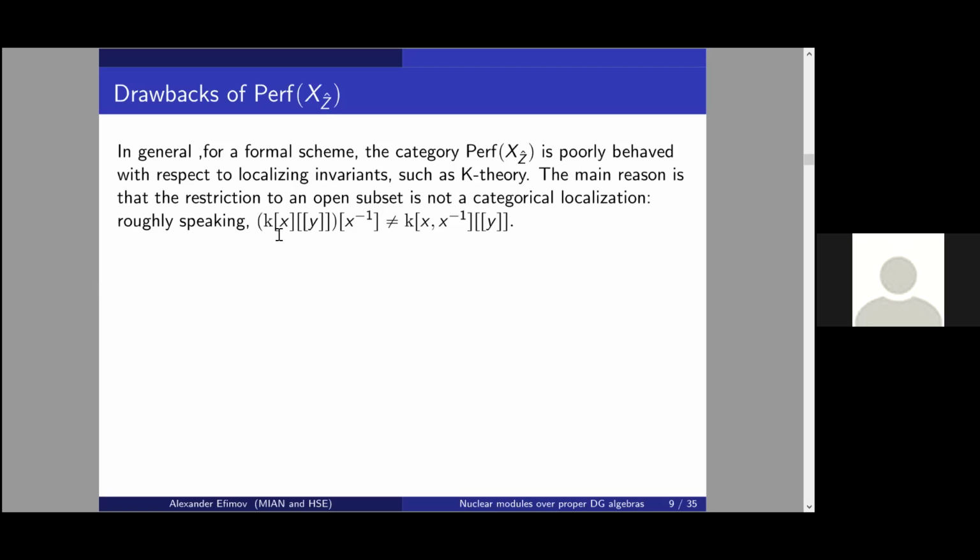For example, if you take polynomials in X and power series in Y, and then invert X, it's not the same thing as taking power series in Y with coefficients in Laurent polynomials in X. From the point of view of categorical localization, you of course want the left-hand side, but in practice, in the case of formal schemes, you need to localize and complete, and this is quite different. So you still have Zariski descent for these categories, but for K-theory, for example, you don't have Zariski descent.